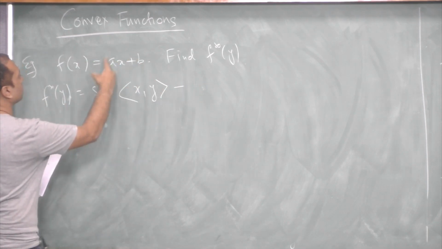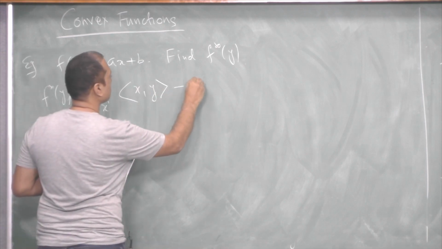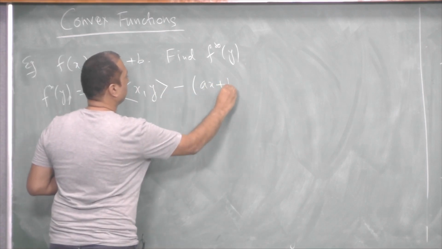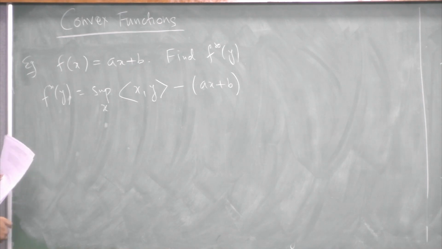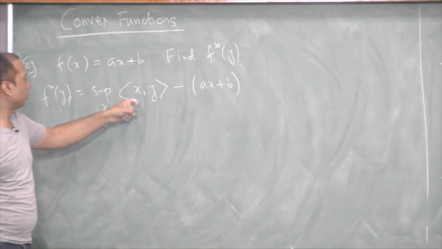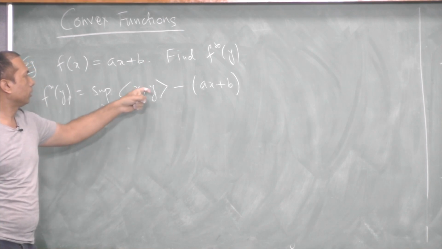So f(x) in this case is ax + b, so it's minus of (ax + b). So we are supposed to find the supremum of this, right?